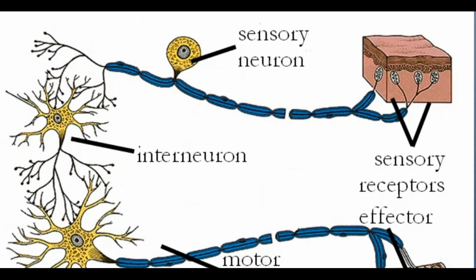Their cell bodies lie outside of the CNS in sensory ganglia. So sensory neurons get information from receptors and always connect with receptors, and they are mostly pseudo-unipolar, and their bodies take place in sensory ganglia.